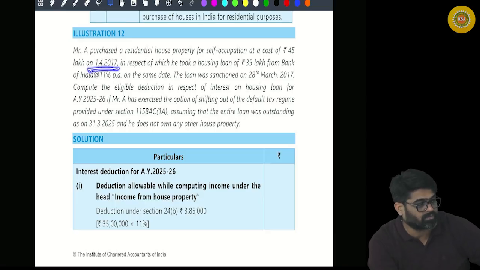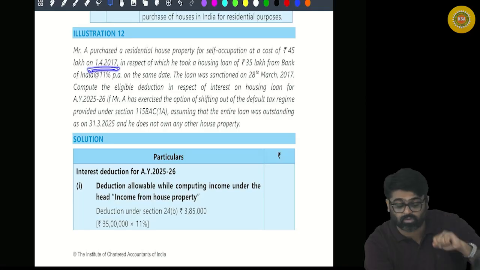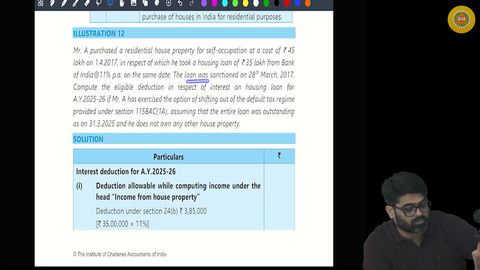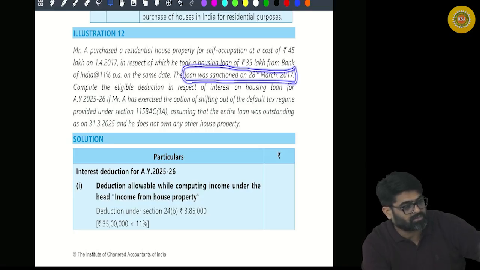When did he purchase? House property was purchased in 2000, in respect of which he took a housing loan, amount is not more than 35 lakhs. And what is the rate of interest? On the same date, the loan was sanctioned. Can I say the date of sanction of loan is in previous year 2016-17?